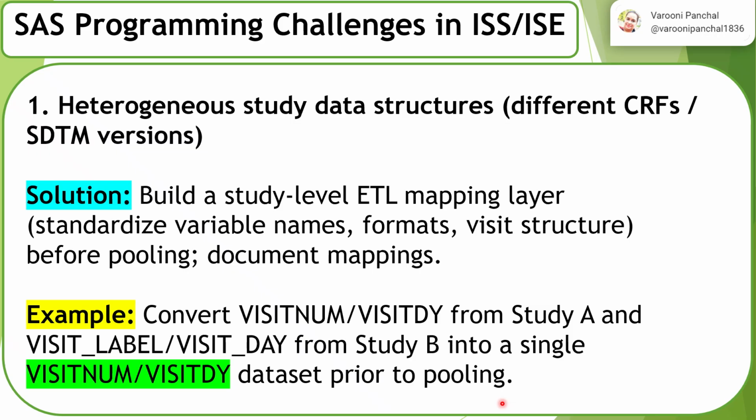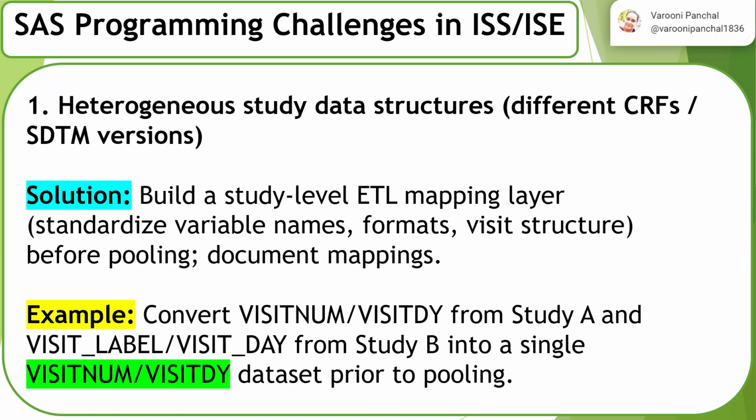This is an example. Say you have 12 studies, it would be such a tedious and daunting job. So this mapping layer document will help you a lot with traceability and checking what you did in which study and how you mapped. That means what was the older version, what was the new version, and what was the proposed version that I'm implementing in the ISS and ISE study.